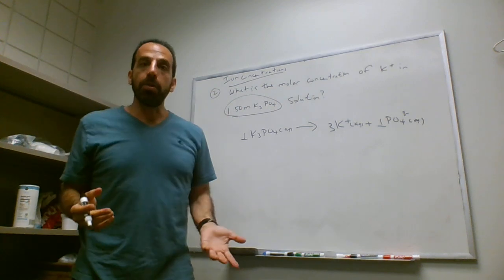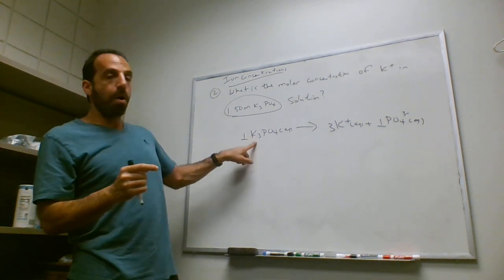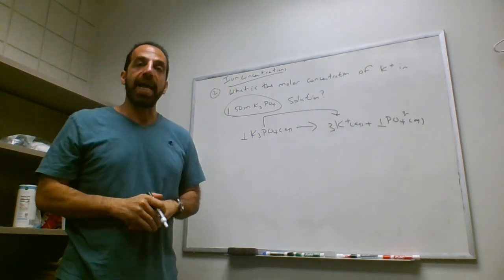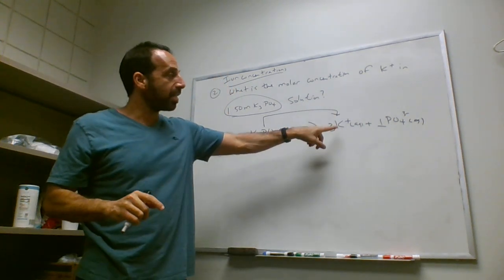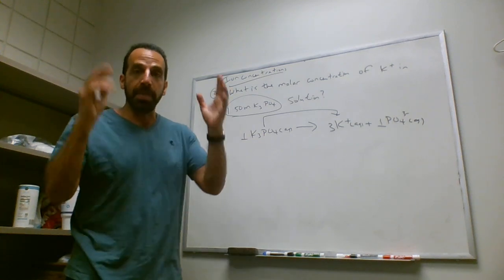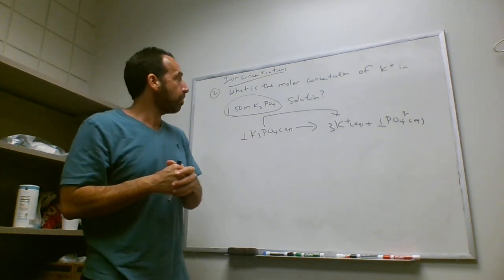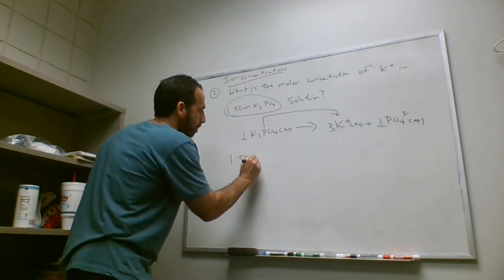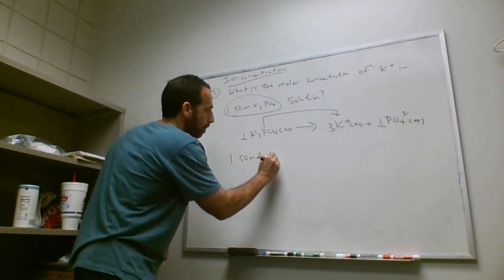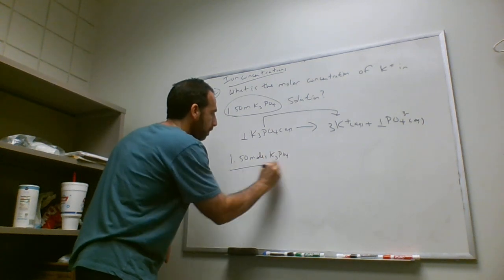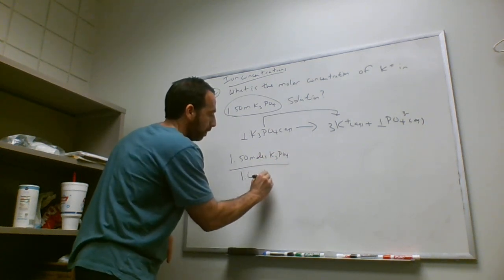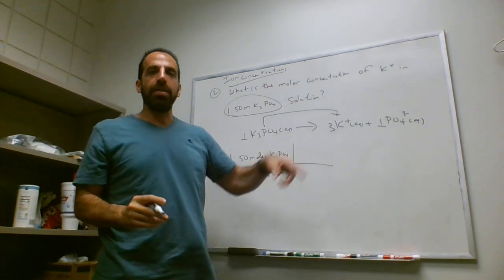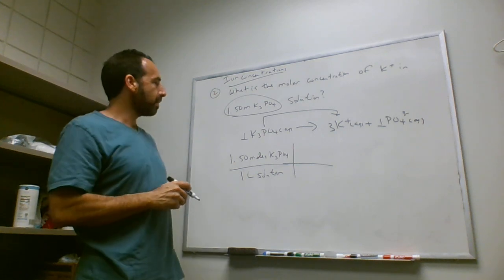So again, this is just another mole to mole ratio. Basically, what it means is 1 mole of potassium phosphate will produce 3 moles of potassium ion. So the concentration of potassium ion is going to be 3 times that of the potassium phosphate initially. So let's write down what's given. 1.50 molar. When they say molar concentration, it's the same thing as molarity. This is another way of saying it.